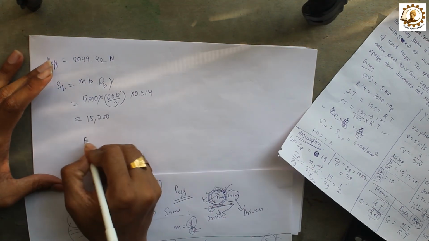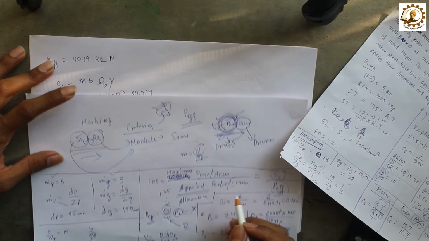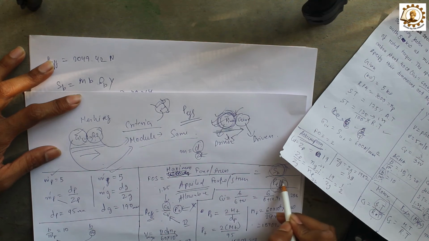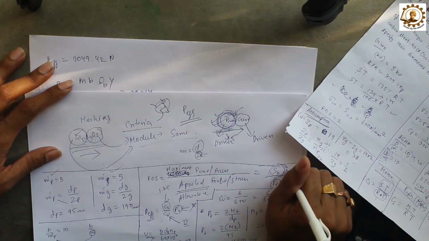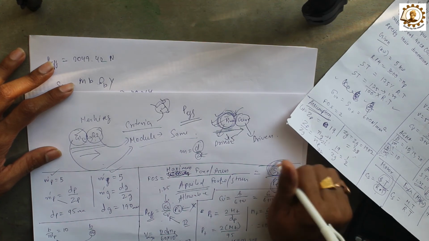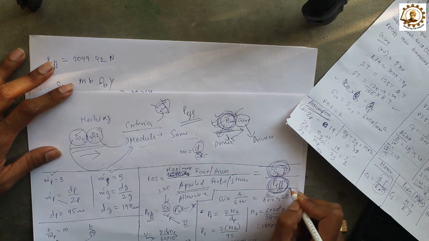Now factor of safety is equal to, as I have told you over here, SB by P effective, because SB is the maximum bending force it can bear. That is the maximum force you could actually consider, and this is the force you will be applying, P effective.